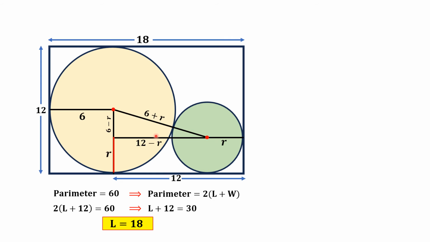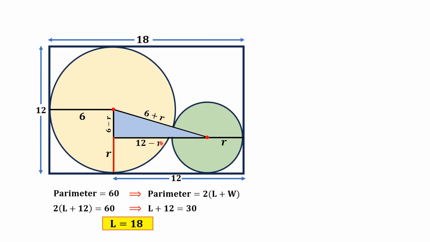So this length is equal to 6 plus r units. If we focus on this right triangle, which I have shaded blue, then the hypotenuse is 6 plus r, and the legs are 6 minus r and 12 minus r.